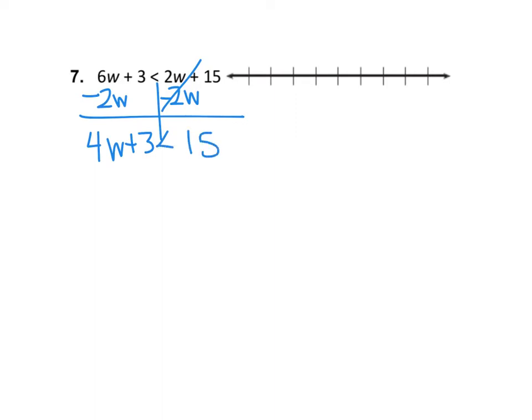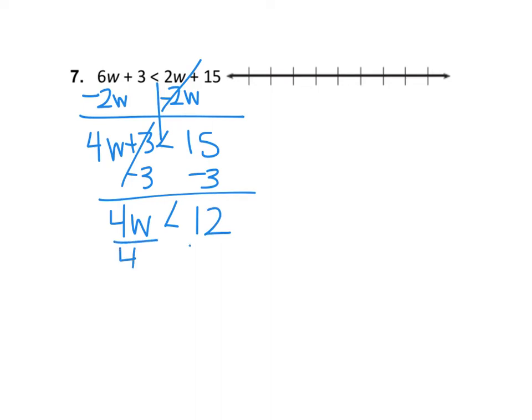And now I'm going to minus the 3. And 4w is less than 12. All right, so now we can just divide that out. And w is going to be less than 3. All right, so I'll graph that, and I'm going to take my 3. It's going to be open, and it's going to the left.